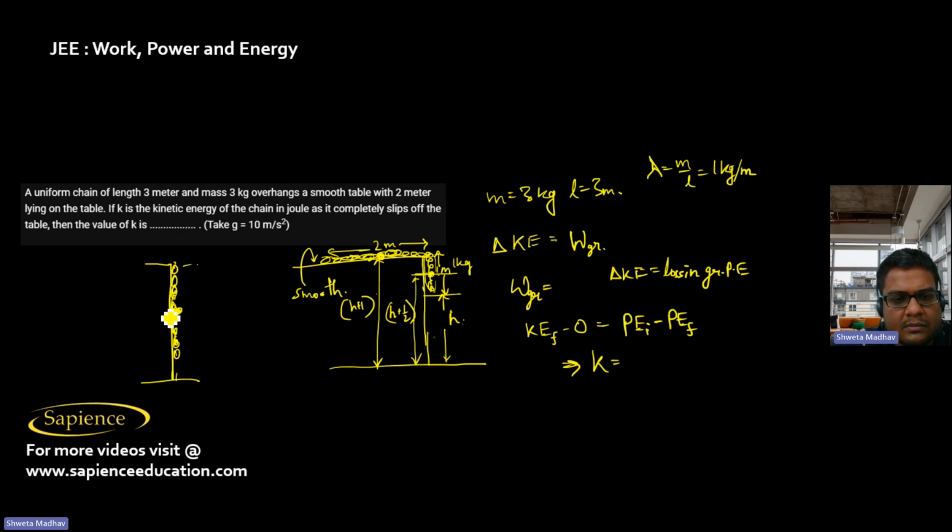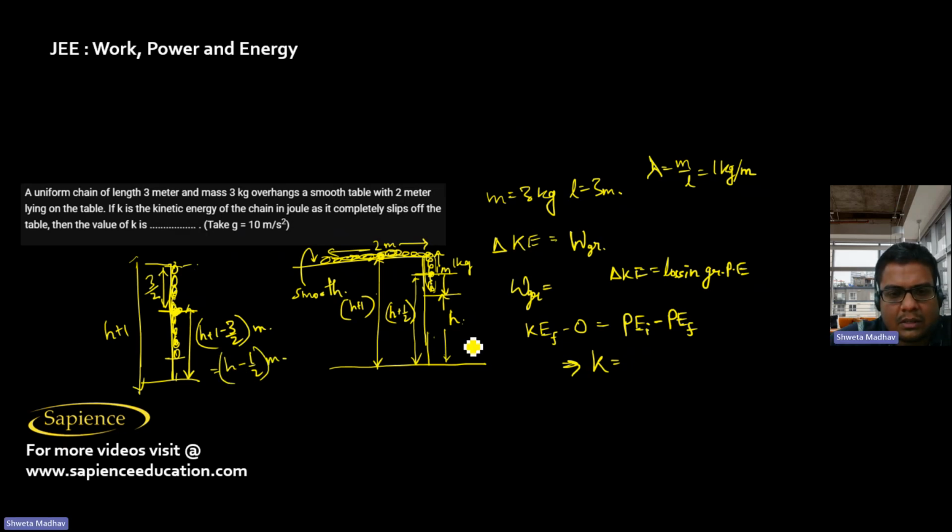So the center of mass will be at a height of, so this is 3 meters, so this will be 3 by 2 meter. And this entire height is obviously h plus 1. So this will be h plus 1 minus 3 by 2 meters, which means it is h minus half meter.